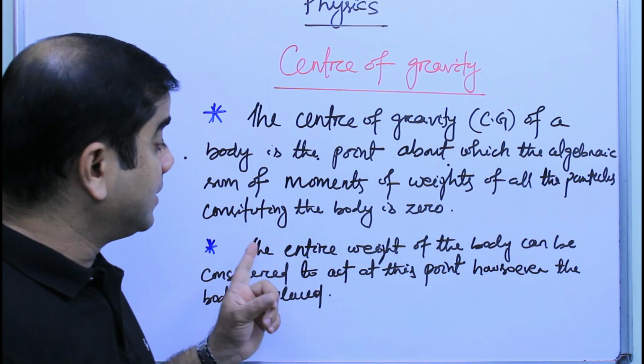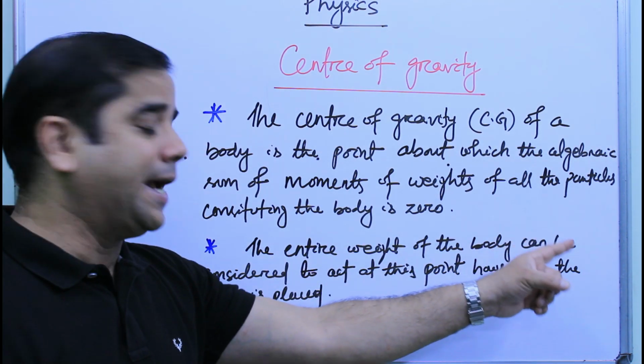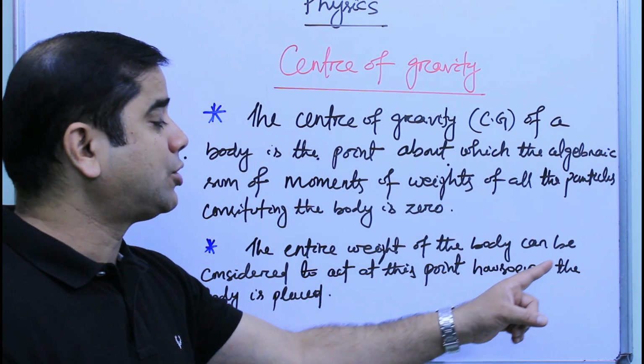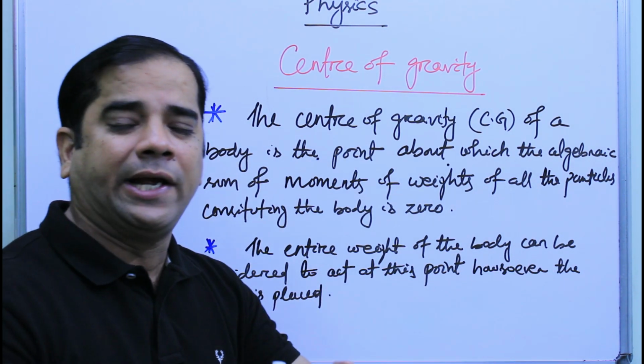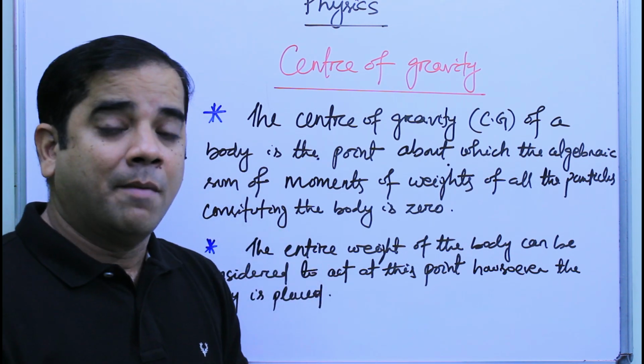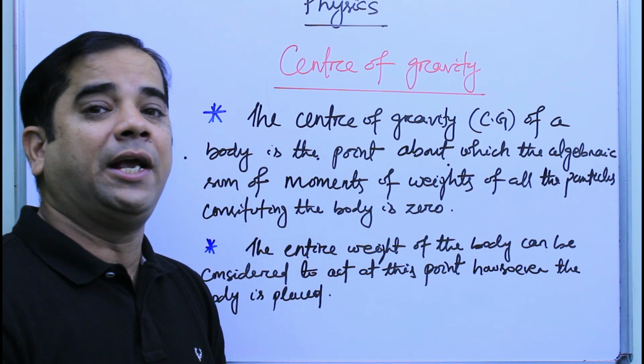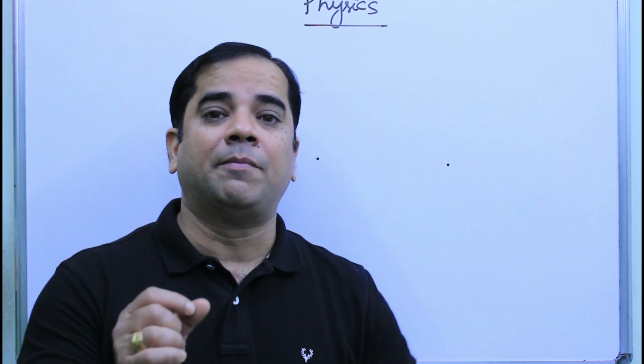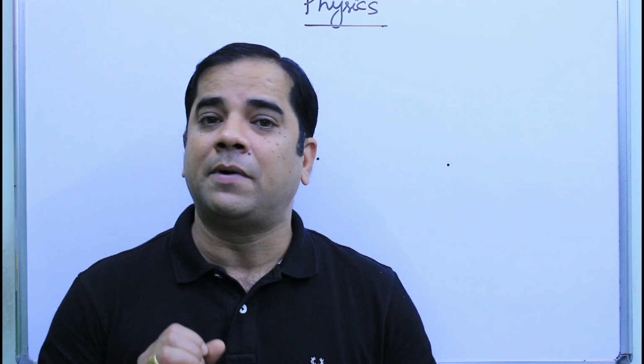And the entire weight of the body can be considered to act at this point howsoever the body is placed. That means the body can be placed in any manner, but the center of gravity of that body remains the same.